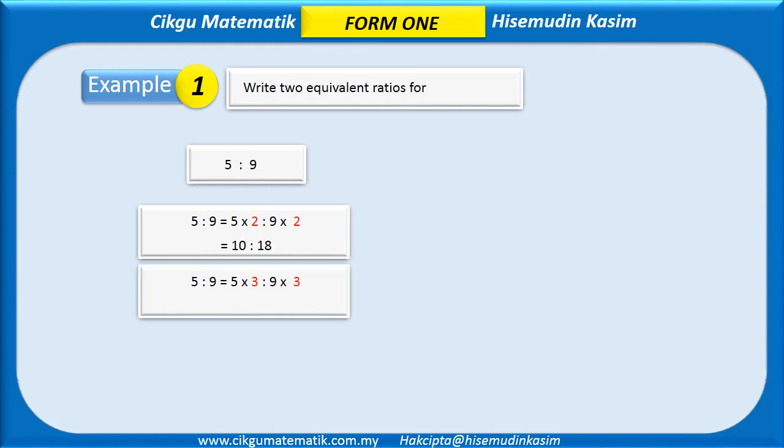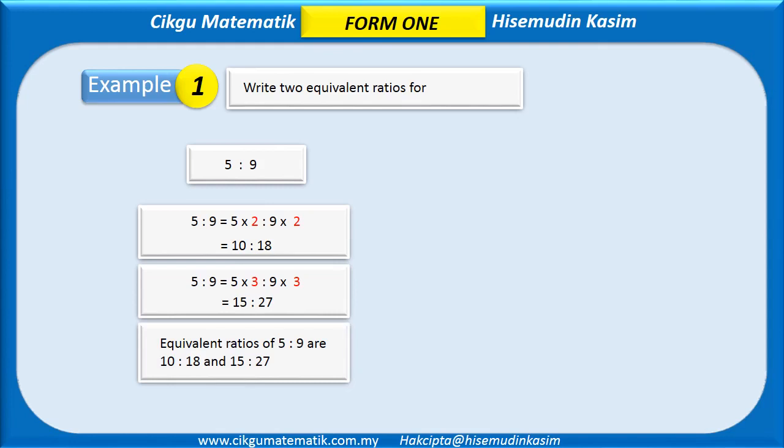The ratio of 5 to 9 equals 5 times 3 to 9 times 3, equals 15 to 27. Equivalent ratios of 5 to 9 are 10 to 18 and 15 to 27.